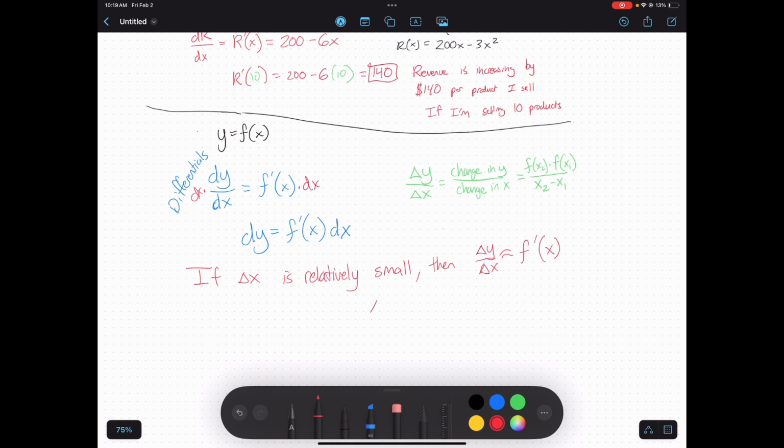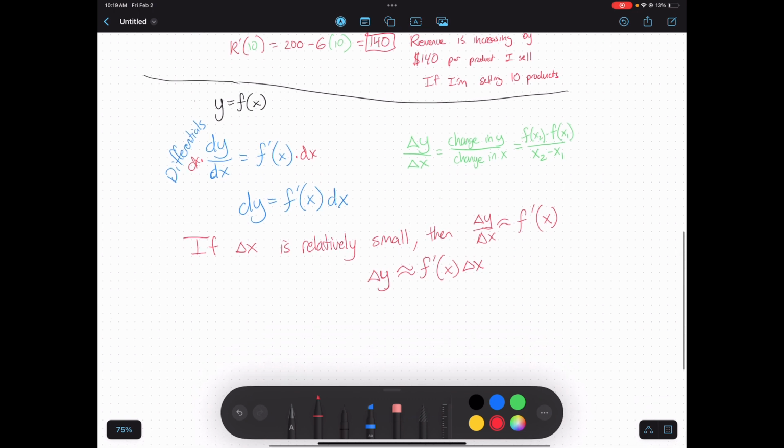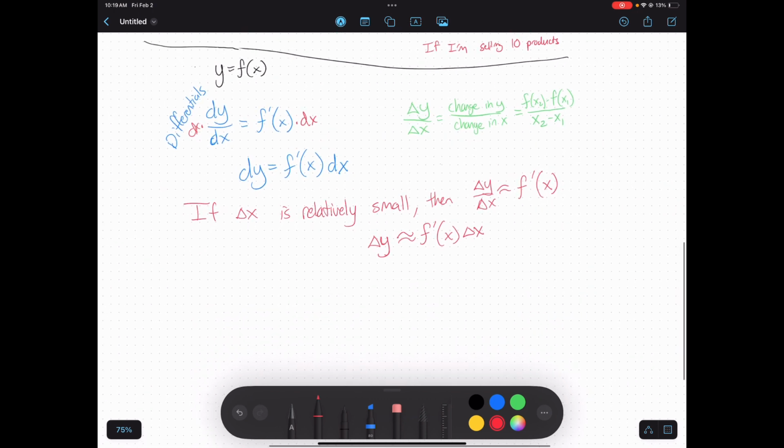That means that if I know my delta x and I know my derivative, I can use the derivative to estimate, let me be clear, we're estimating here, what delta y is. So that's where differentials can be helpful.